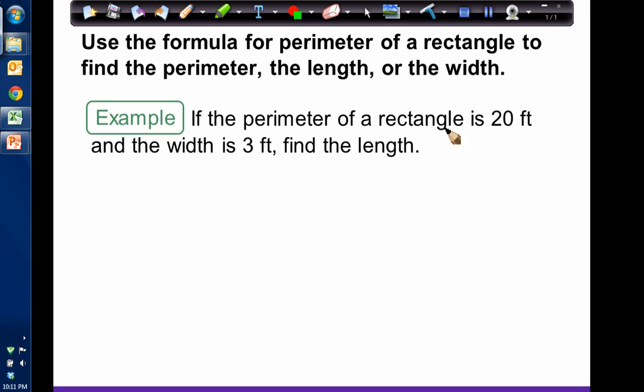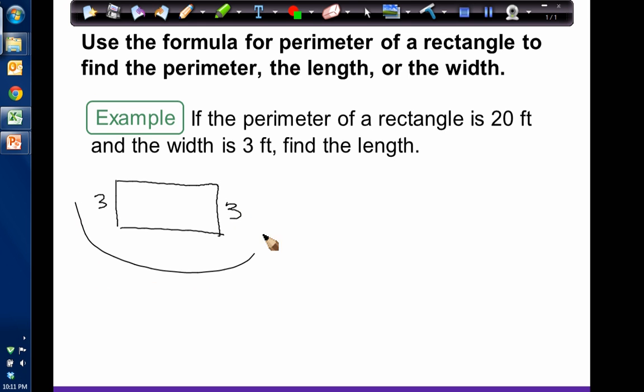If the perimeter of a rectangle is 20 feet and the width is 3 feet, find the length. Let's draw ourselves a little picture. We know the width is 3, and all the way around the perimeter is 20 feet. The question is, what is the length?